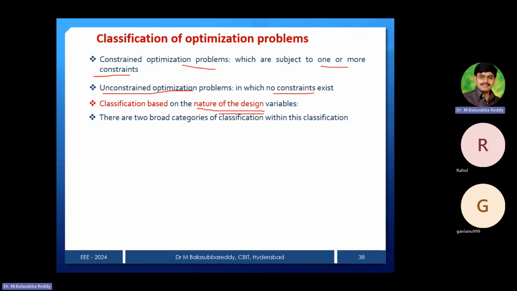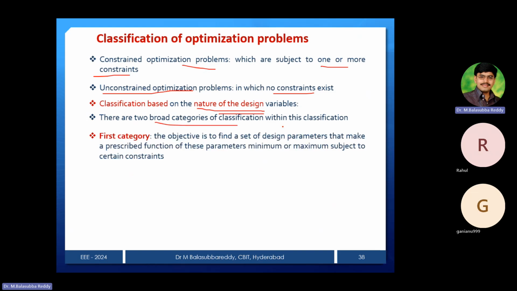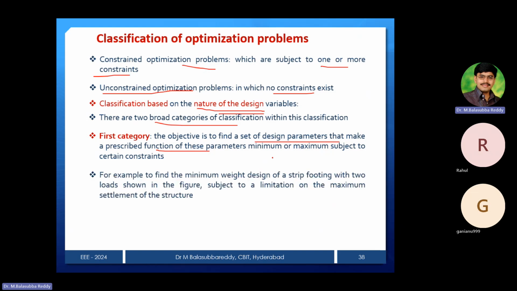There are two broad categories. The first category is the set of design parameters that makes the prescribed function minimum or maximum. Sometimes it may be a minimization problem, sometimes a maximization problem.